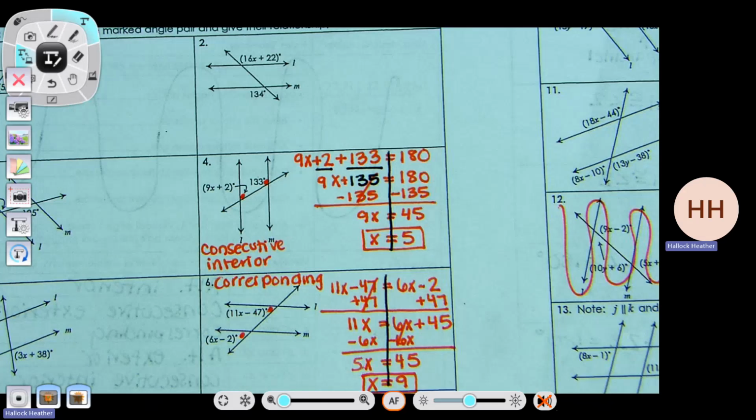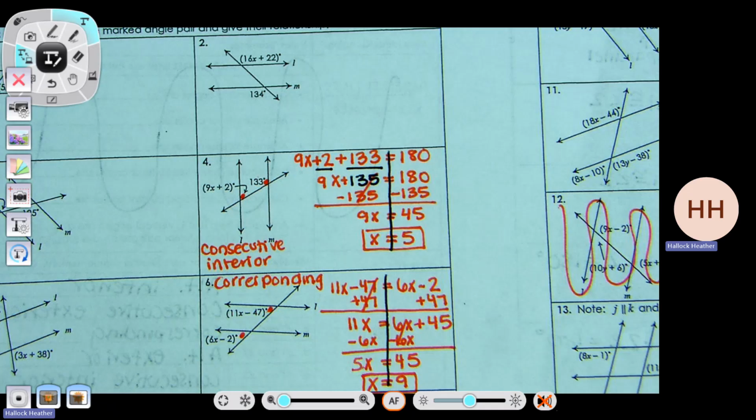What do you do with it? I combined 2 and 133, I add them together. So try number 2. Here is the inside, the exterior, the outside. You've got a 50-50 chance to set it up.